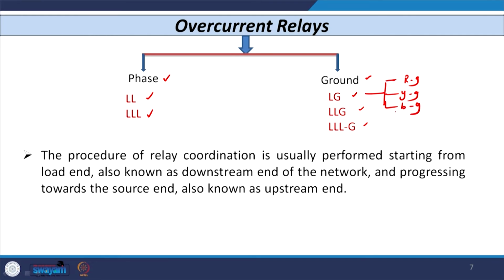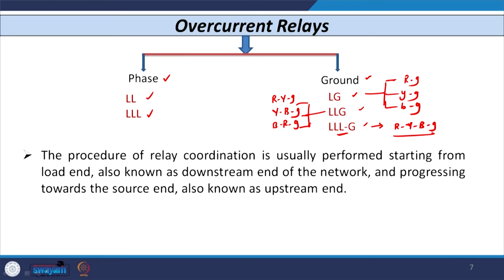Similarly, for double line to ground fault, there are three types: RY to ground, YB to ground and BR to ground. Then we consider the triple line to ground fault, that is R, Y, B and ground fault.